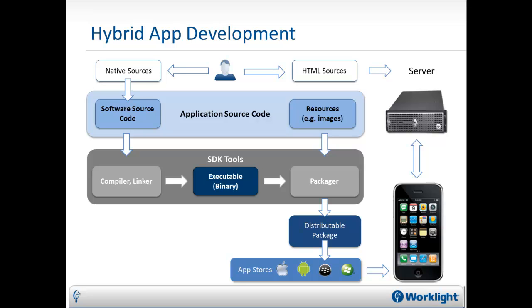The other way is to package the HTML sources within the distributable package of the app. By the way, some mobile OS vendors offer development tools that by default create hybrid apps. For example, BlackBerry's new WebWorks, and these tools use this means of packaging. So if the web resources are packaged within the app, it means that there is no delay for the user, because the HTML and other files are retrieved directly from the file system of the device.